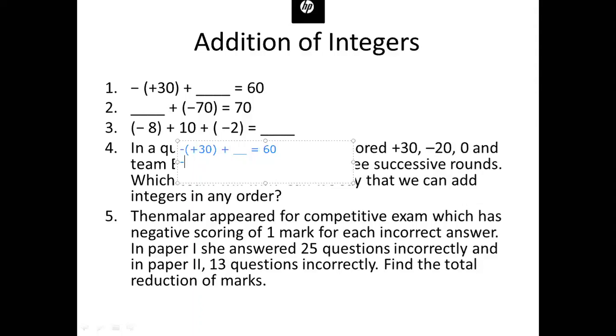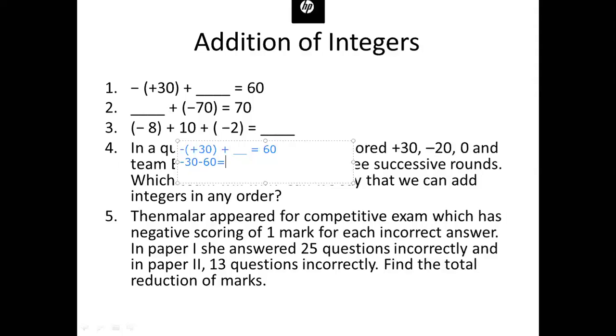When the symbols are consistent, that is plus into plus or minus into minus, the product is plus. So here it is minus 30. I'm going to move 60 before the equal to. When there is no symbol, it means plus 60. When it moves before the equal to, it becomes minus 60.